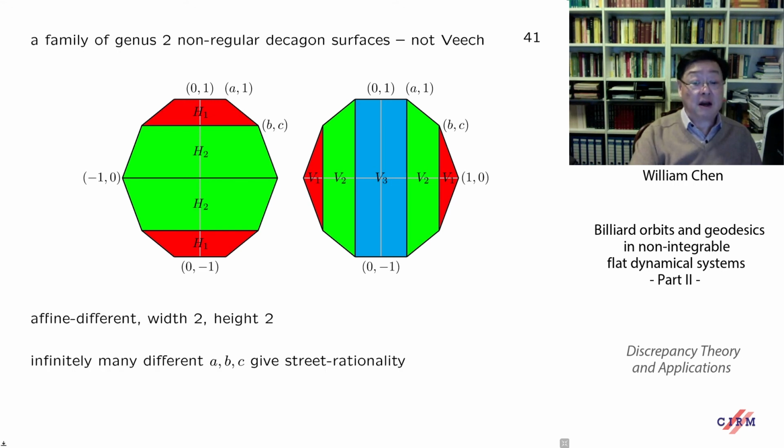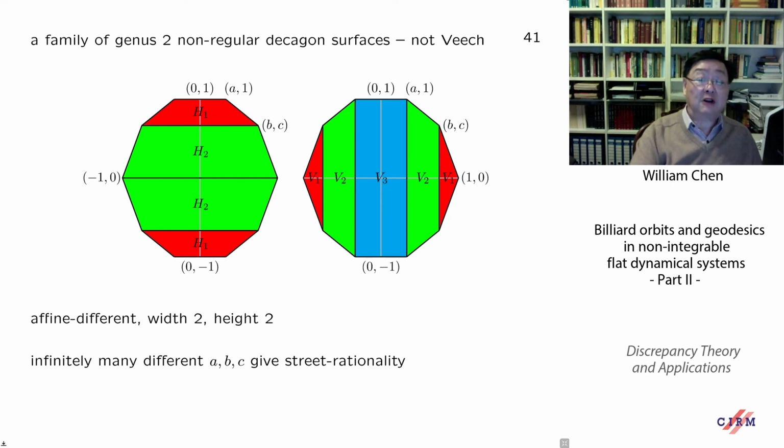Now, it is not difficult to show that there are infinitely many values of A, B, and C, which give rise to street rational polyrectangle surfaces.